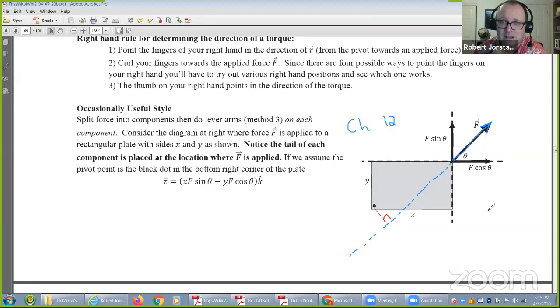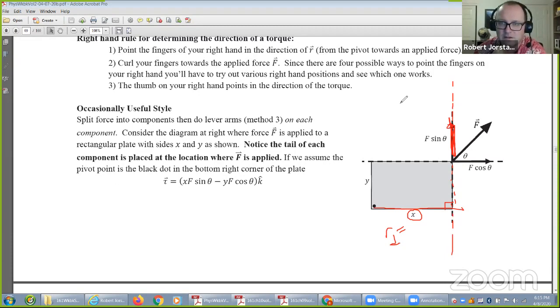So what you sometimes do, you could take any force and split it into a red force like this with this lever arm. That red force has a lever arm, R perp equals X. You could split it in, and that's this red force here.